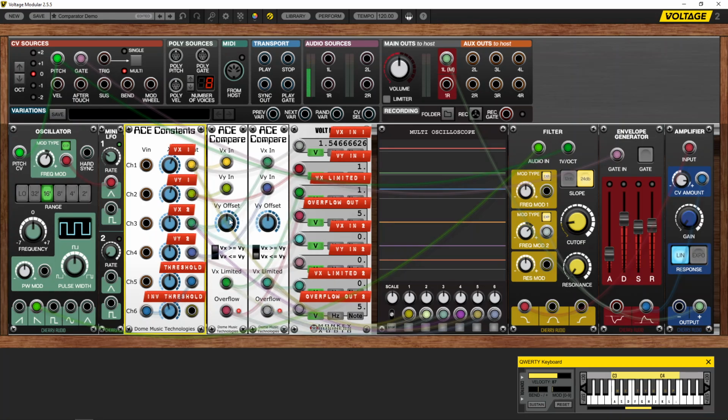Now the Vy offset knob just adds to the control voltage coming in on Vy. So if I set that to minus 1 volts, then that means that Vy is effectively back to 0 volts, and so if we then take Vx, limited goes back to 0 volts here, and then if we take Vx to below 0 volts, then it starts coming back out of the Vx limited side of things.